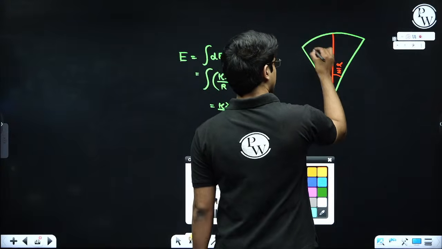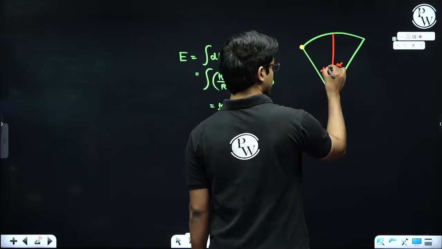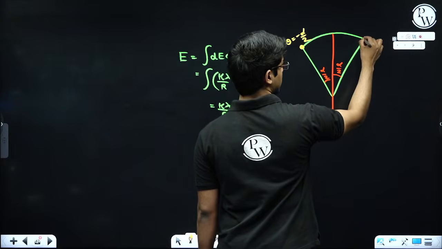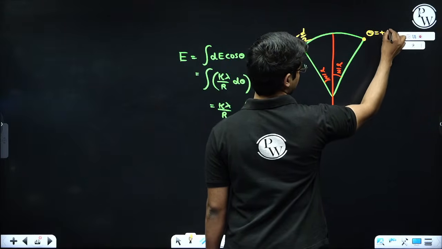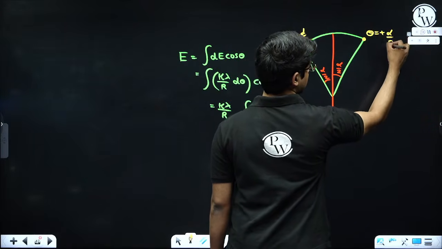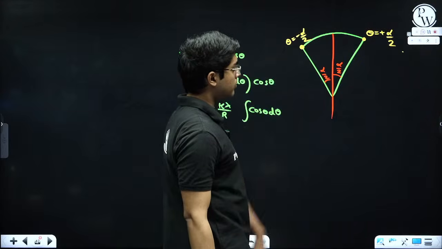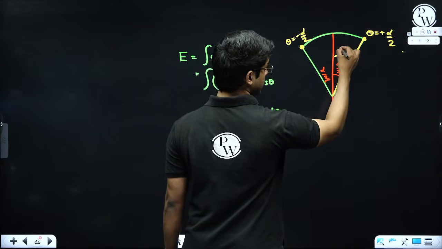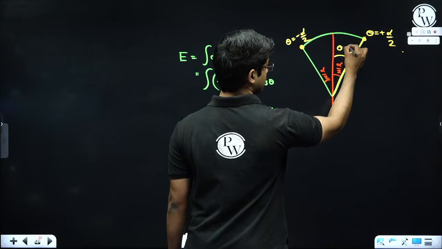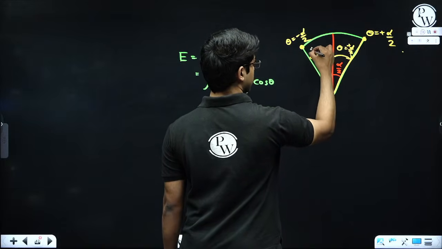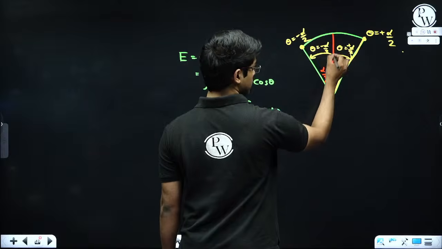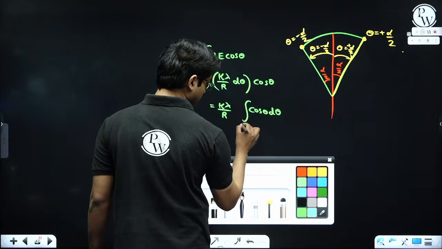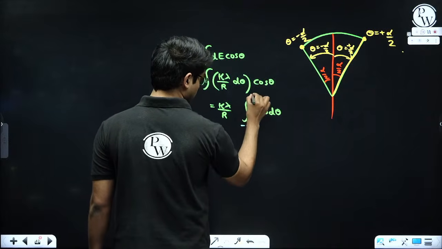So the limits of theta will be from the leftmost end, where theta is equal to minus alpha by 2, till the rightmost end, which is theta equal to plus alpha by 2. We take clockwise theta to be positive. So at this point, the value of theta is plus alpha by 2. And at the opposite end, the value of theta is minus alpha by 2, because this is an anti-clockwise angle. So the limits will be from minus alpha by 2 to plus alpha by 2.